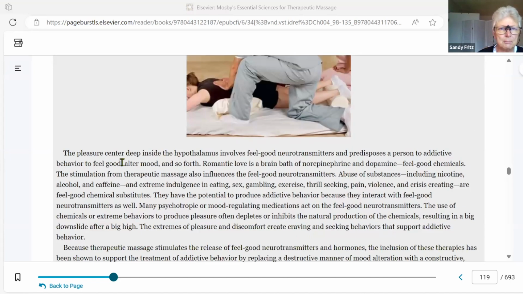So this little box, this practical application, talks about the importance of the pleasure centers and how the hypothalamus is part of that. And one of the benefits of massage is pleasurable touch. Not sexual touch, pleasure-based, satisfying, well-being touch.